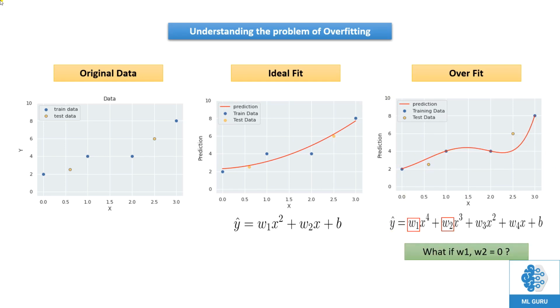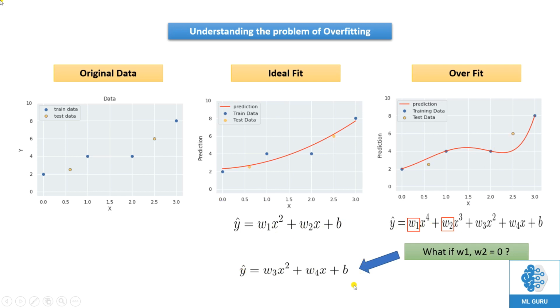Now look at this 4-degree equation. What if I set the values of W1 and W2 to 0? What will happen? As you can notice, it will turn out to be a quadratic equation which will be the same as this one. So when we set the value of W1 and W2 equal to 0, in this particular case we will get a quadratic equation which will be an ideal fit.